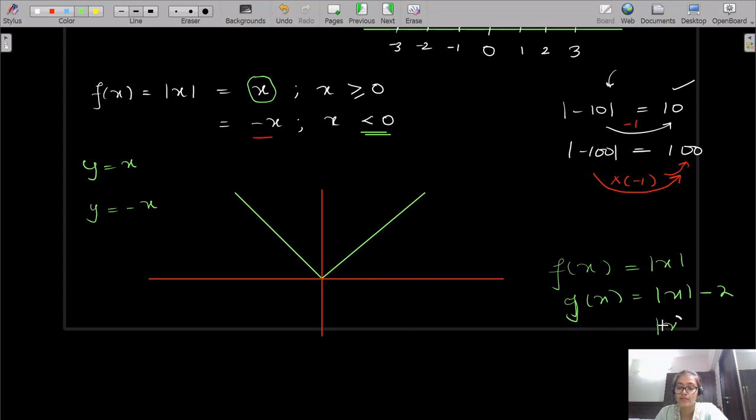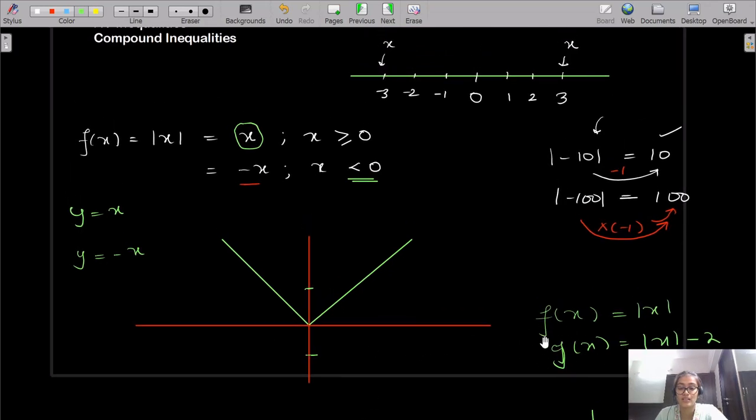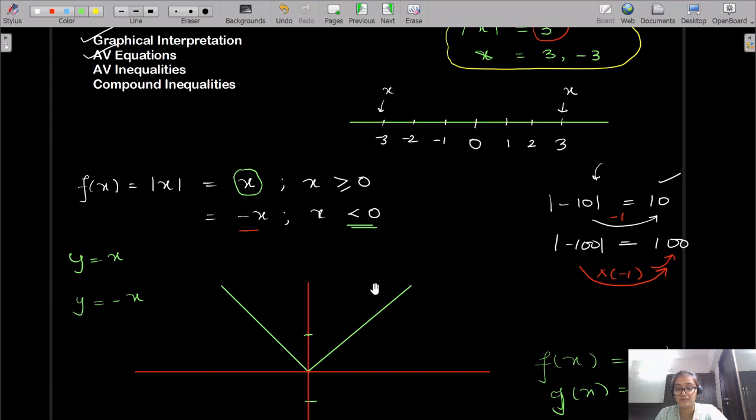What will happen if you add a 2? Then this graph will shift up by 2 units. What will happen if you subtract a 2 inside the absolute value? Then it will shift right by 2 units, and if you do plus 2, then it will shift left by 2 units. This is also something that you should know, and this is a function translation.